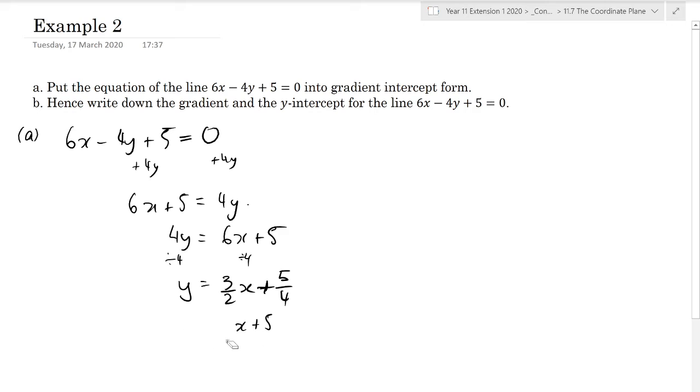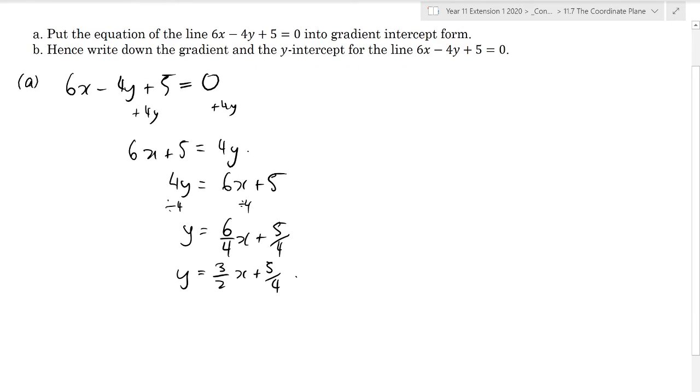Do it the way I did. I'll just do that one again really quickly. y is equal to 6 over 4x plus 5 over 4. And we can simplify 6 over 4 to 3 over 2x plus 5 over 4.